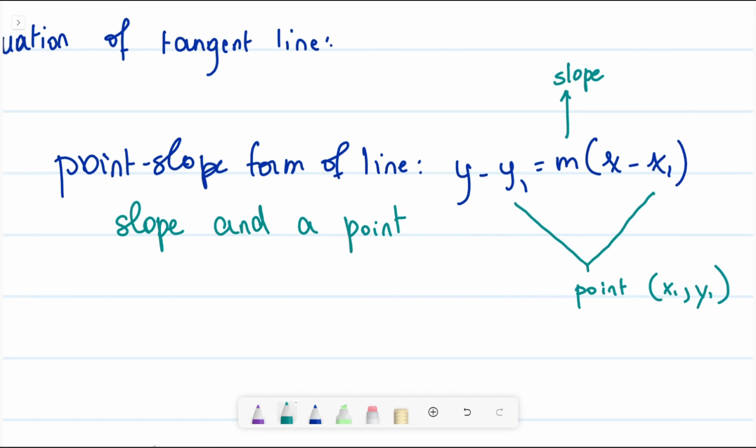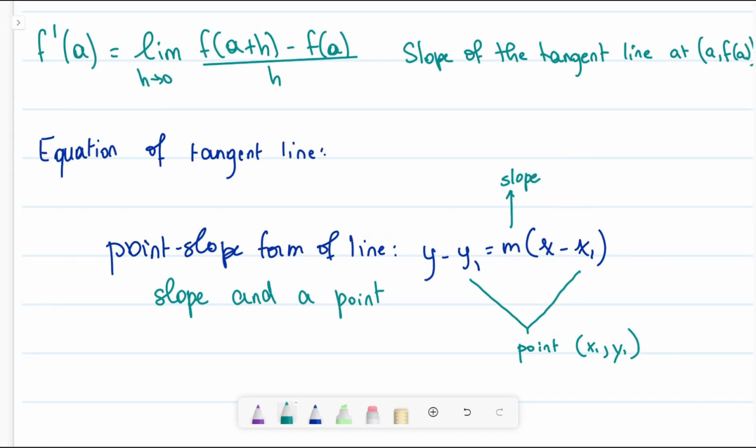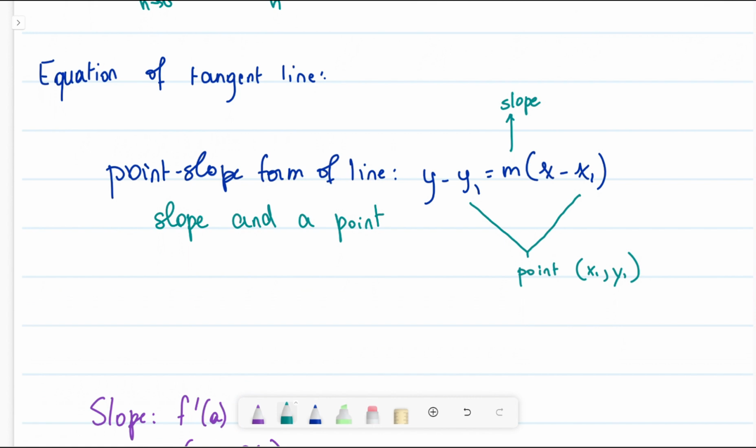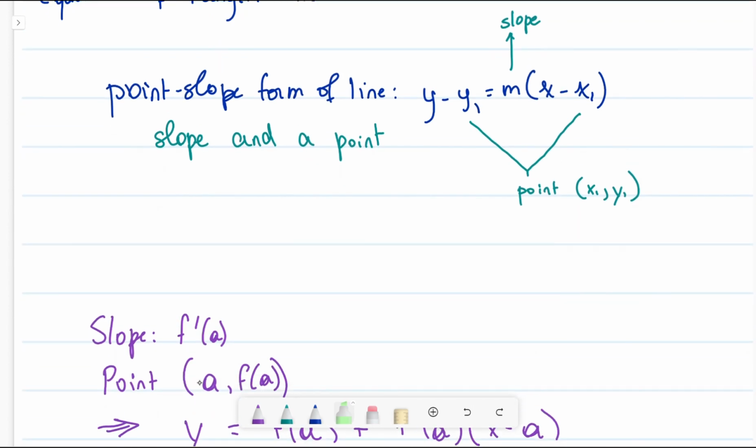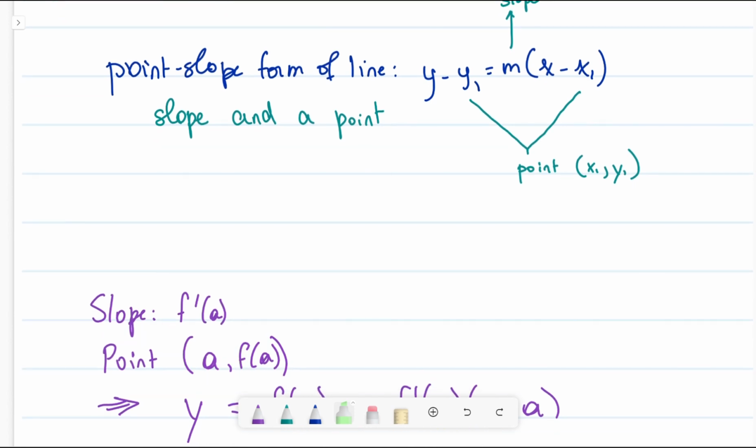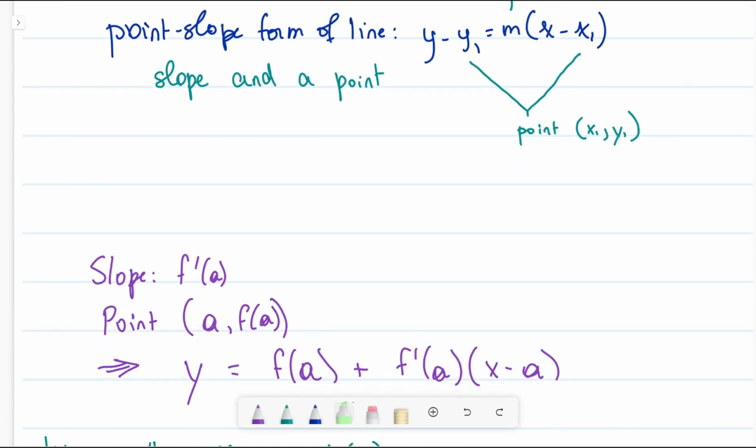So now we already agreed above that the derivative at point A, so f prime of A, is the slope, so we can write this instead of m. Also, we have a point A, f of A, so we can write this instead of x1, y1. So now let's replace these two things in the equation of the line.